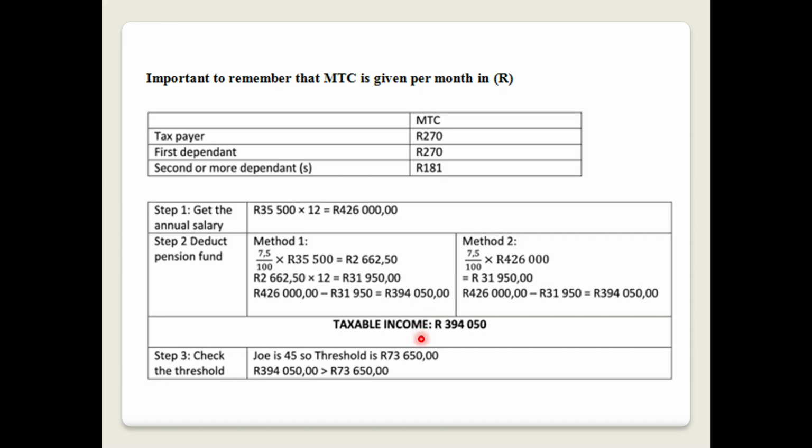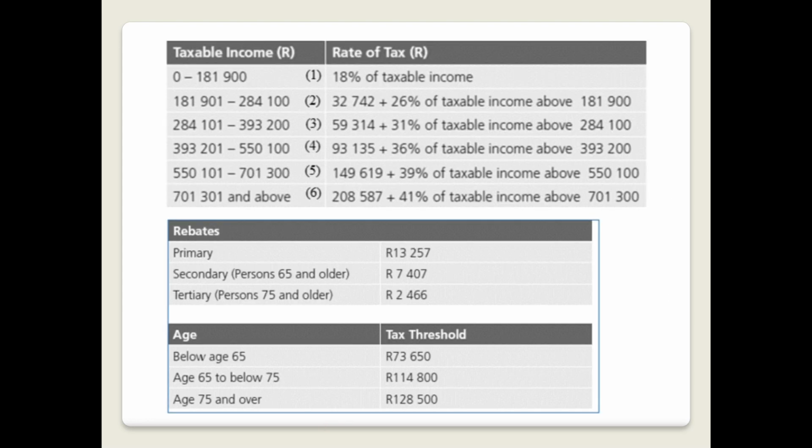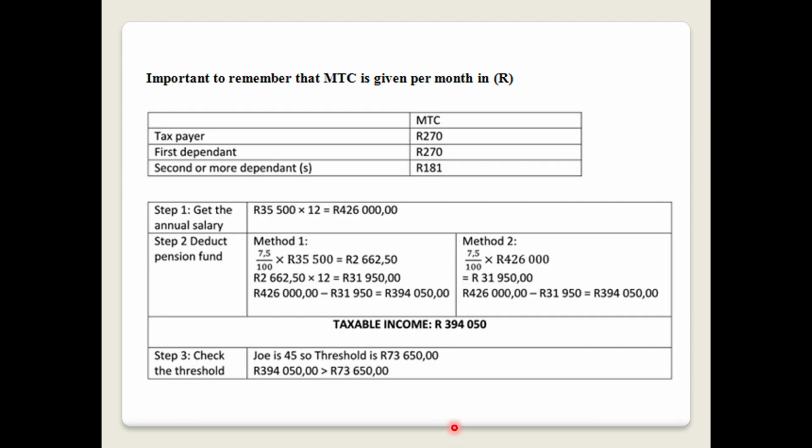Now we check the threshold. He is 45, so if we go back to the threshold, below 65, the threshold is 73,650 Rand. You can see that the 394,050 Rand is way more than that, so now we proceed with calculating his tax.